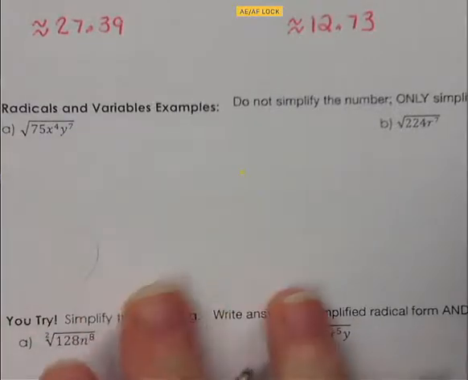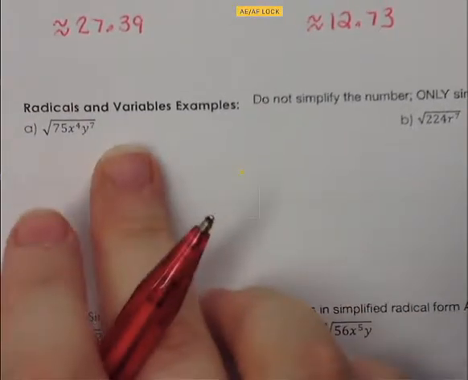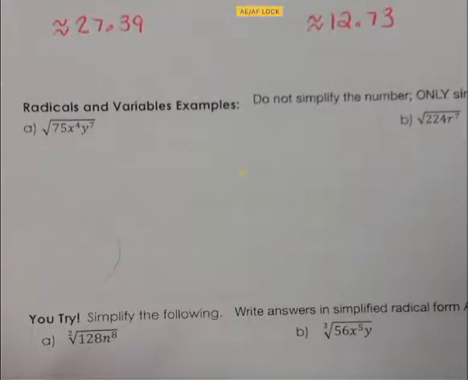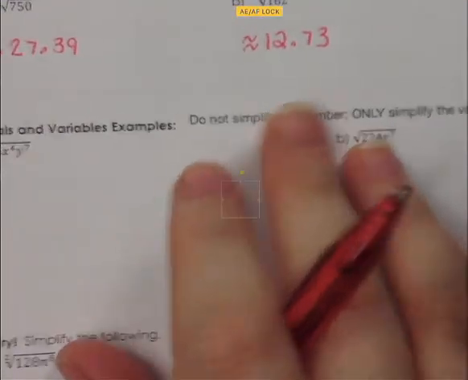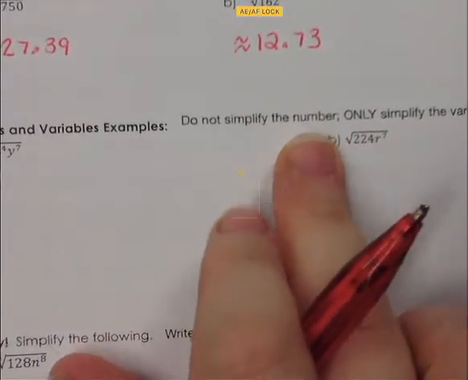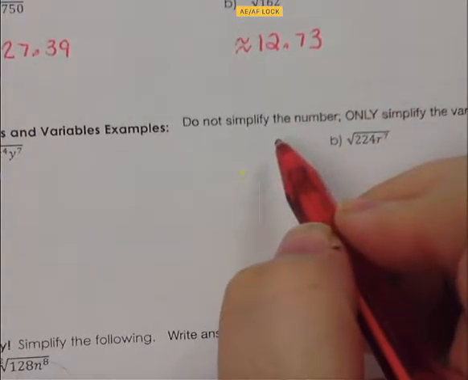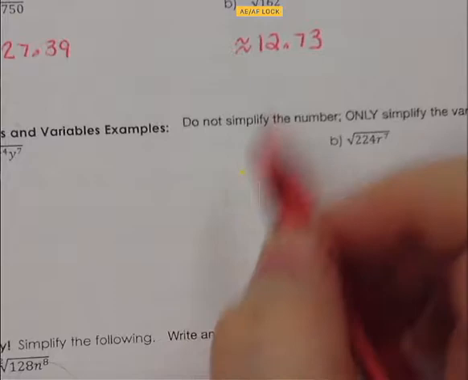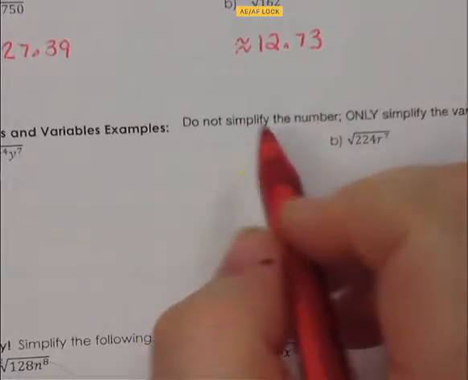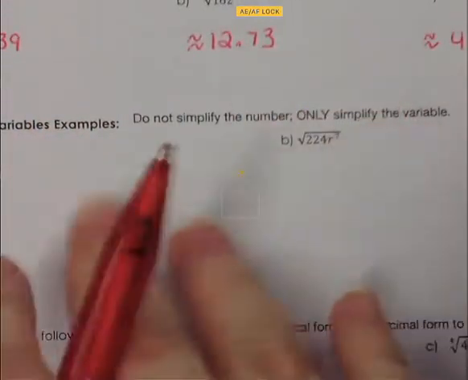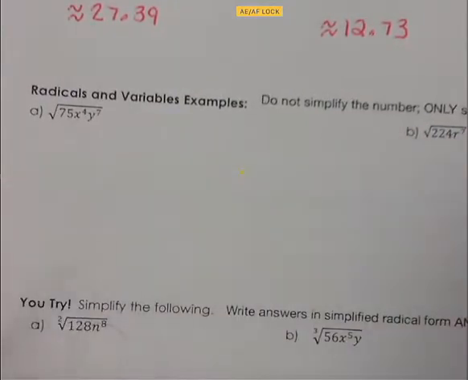Those are just radicals. Now we have radicals and variables examples, so this is radical expressions. It says do not simplify the number. That means that we just want a decimal. Okay, so we want the decimal value for that. Later, we don't actually have to do that right now. We're only going to simplify the variable because I just want to focus specifically on the variables to make sure you understand how to do that.